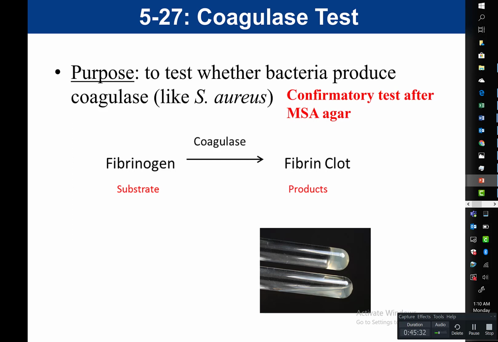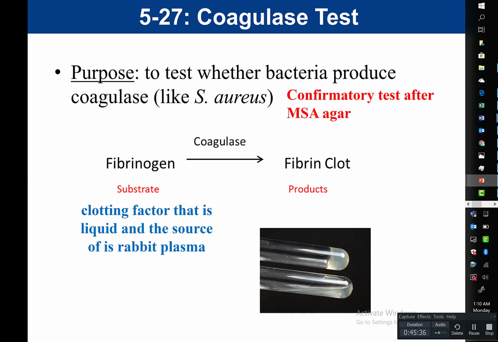In this test, our substrate is going to be fibrinogen. And fibrinogen is a clotting factor that is liquid, and the source of it in this experiment is going to be rabbit plasma. What that means is the plasma is the liquid part of the blood, not including the red blood cells and white blood cells.